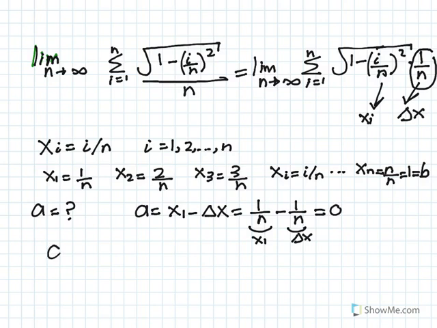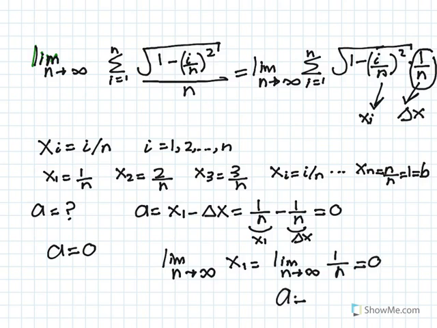So a is 0. Another way of finding a is a memory tool that you can use. Take the limit as n goes to infinity of x1, which is the limit as n goes to infinity of 1 over n, which is 0. And that's a. a is 0. Both methods are acceptable. The first method is more mathematically rigorous. The second method is more of a memory tool.